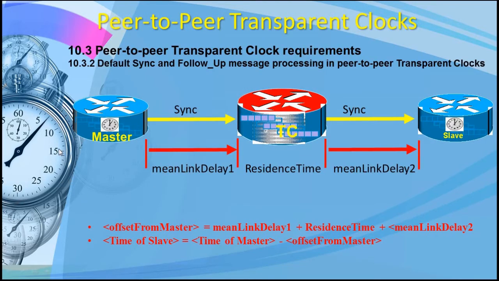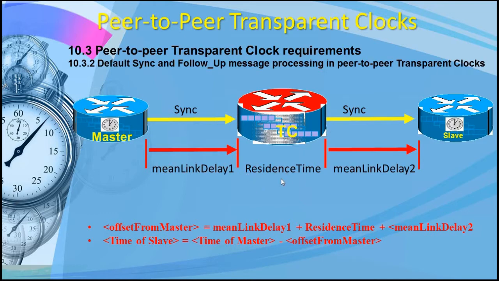In the peer-to-peer transparent clock, from the master to the transparent clock to the slave, there are three different time delays introduced. First is the mean link delay between master and transparent clock, and the packet going through the transparent clock from the ingress port to the egress port.